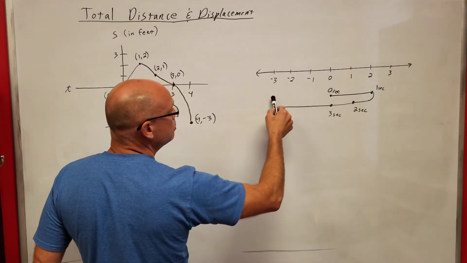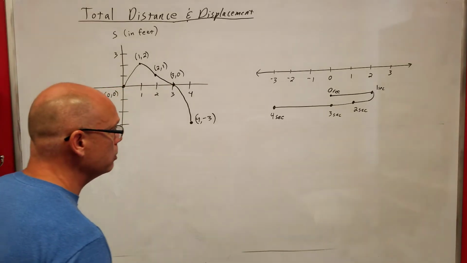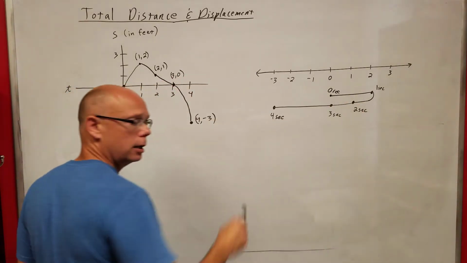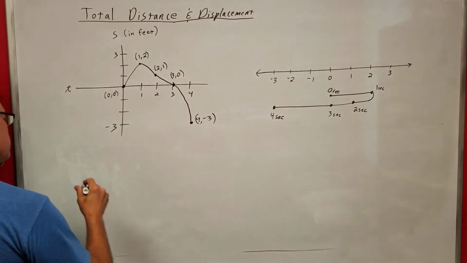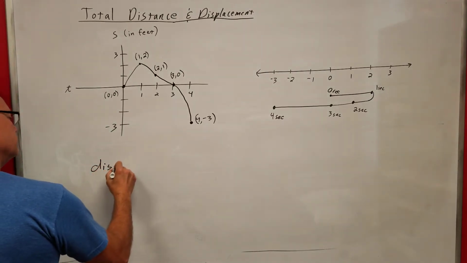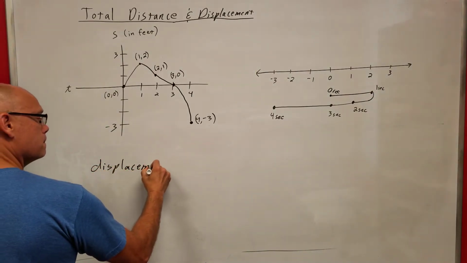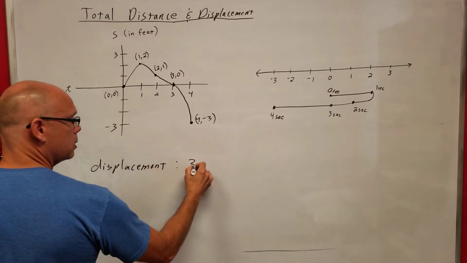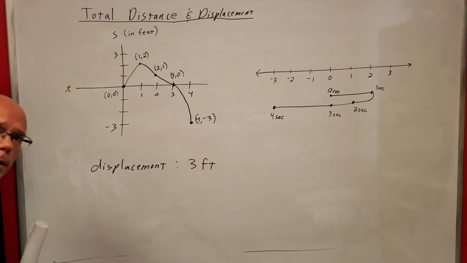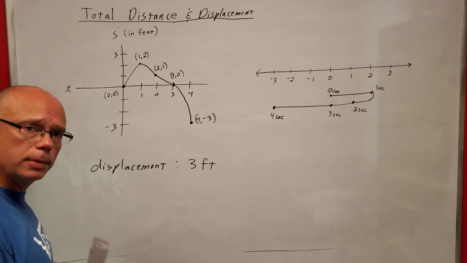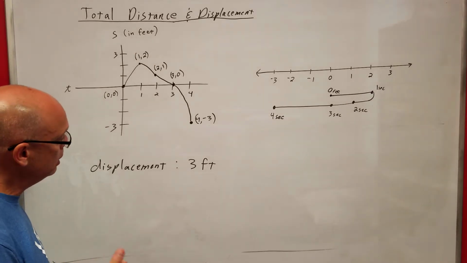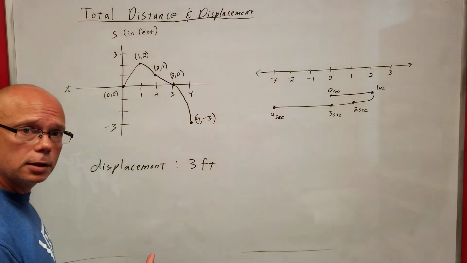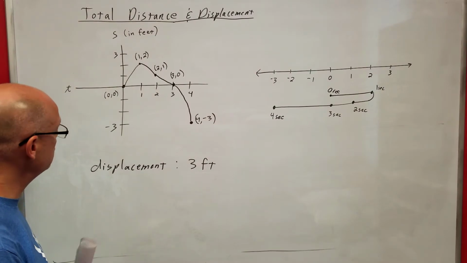It ended at -3, because it went like that, and it went like that, right? So displacement is going to be 3 feet. This particle is displaced 3 feet from where it started. So it's basically the last position minus the first position, okay?